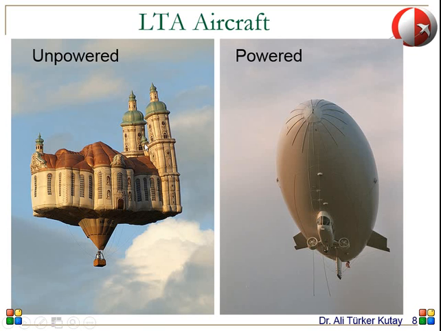So the flight of such a vehicle is determined by winds. If you have winds in a certain direction, then your aircraft will be going in that direction. You may have some control, as you see here. You have some devices that can give you additional forces to control the motion. So these are examples of aircraft that use the static lift concept.